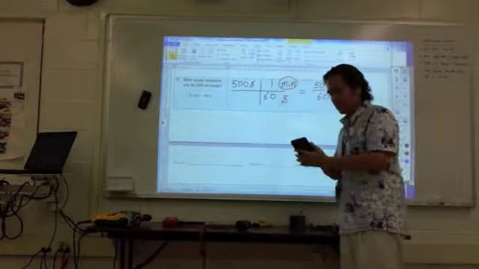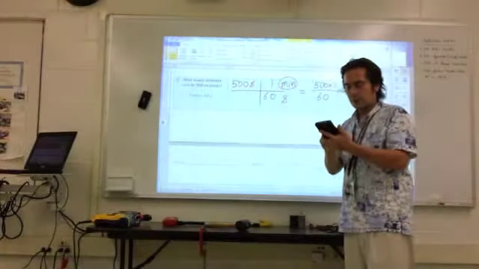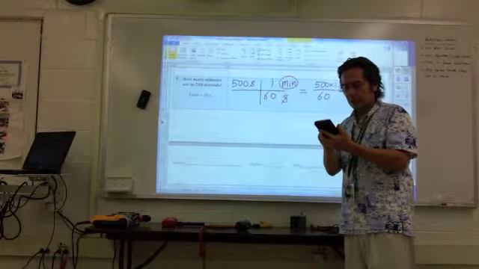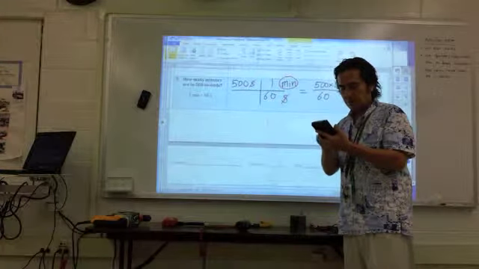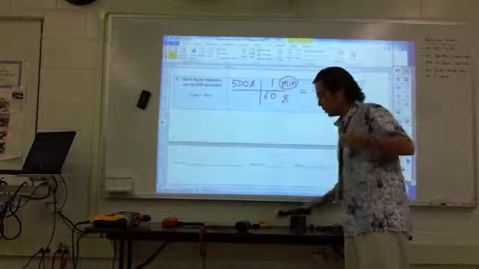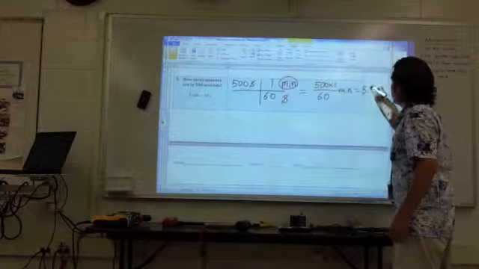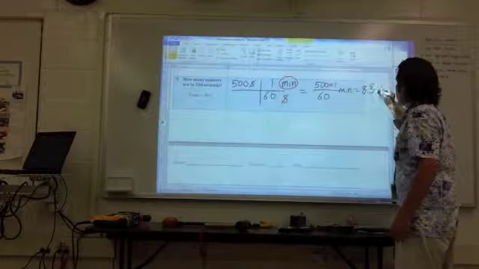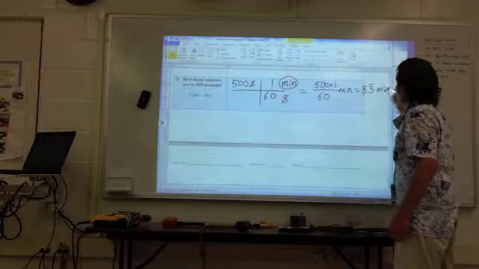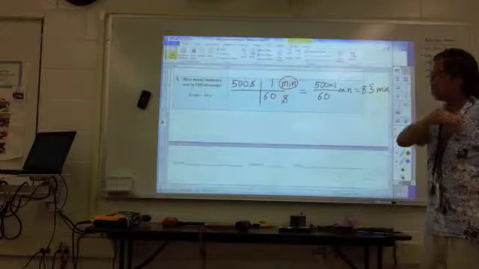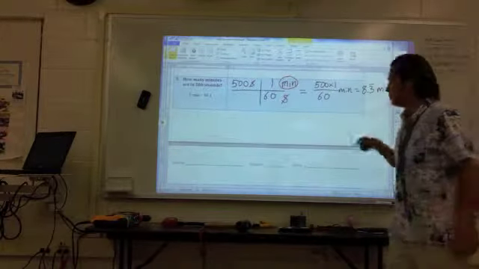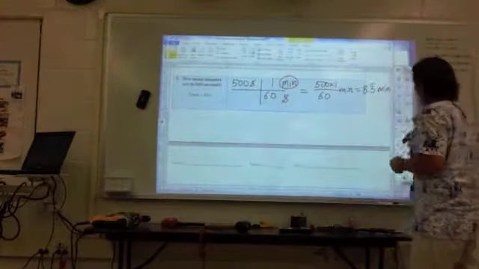Get your calculator out. 500 divided by 60 is 8.3. Okay, it's a repeating decimal, so put a 3 with the bar on top. Okay, let's save the work.